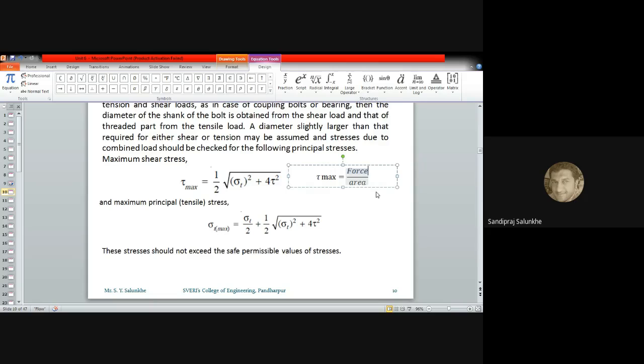Again, this is given by force, which we denote by P, divided by pi by 4 d square.